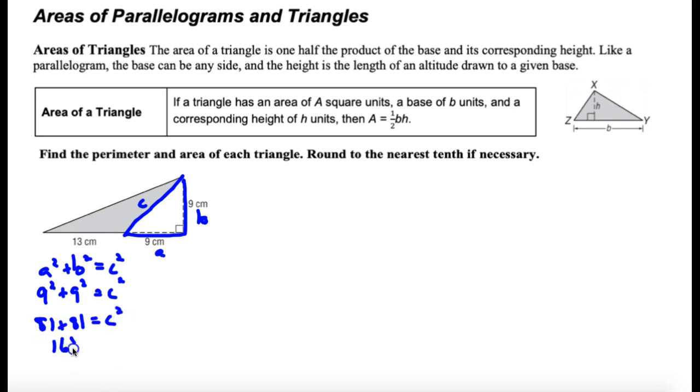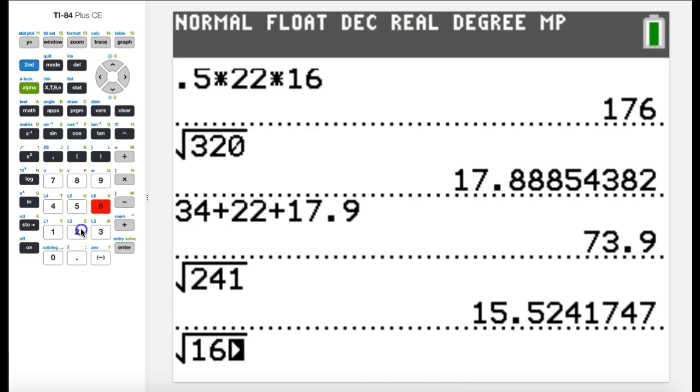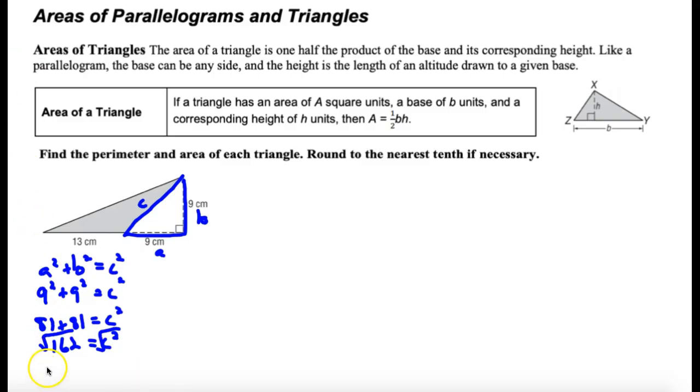So that's 162. And then we'll take the square root of both sides. So the square root of 162 is 12.7. So this missing side here is 12.7.